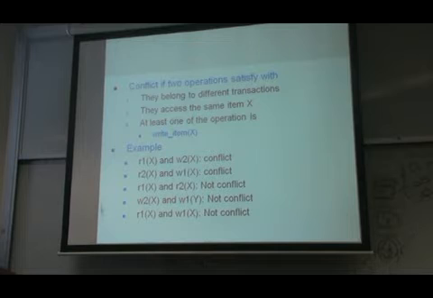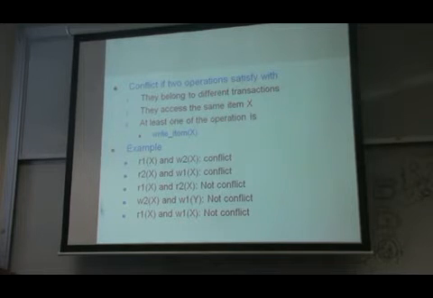Then, did you learn about the conflict? So what is a conflict? When is it a conflict situation? For example, I have shared data, not in memory. We have two transactions, two users trying to access this data, and they only read the data.